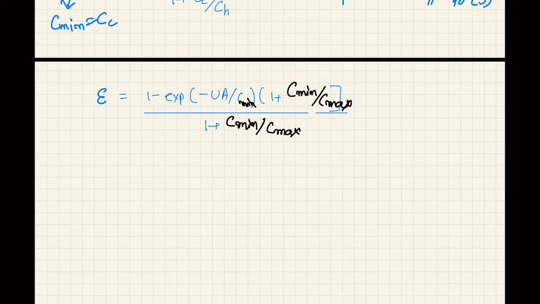So I say Cr is equal to Cmin by Cmax, and now Cr can only vary between 0 and 1.